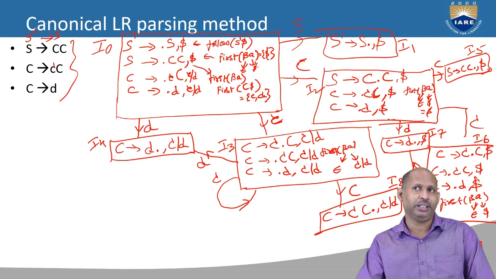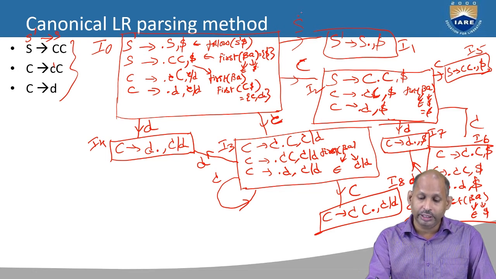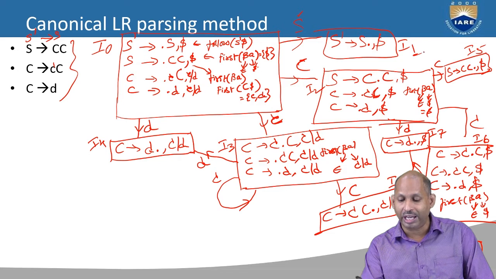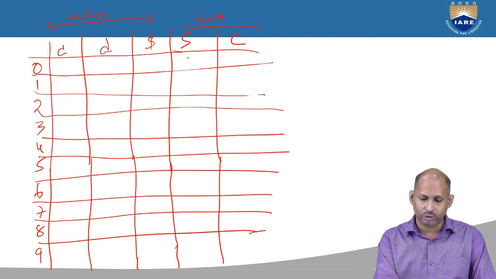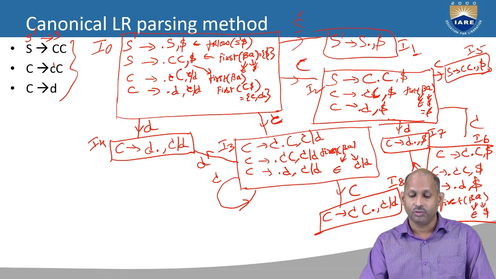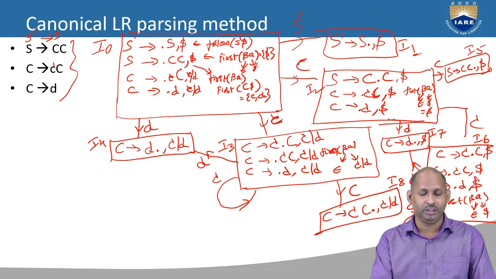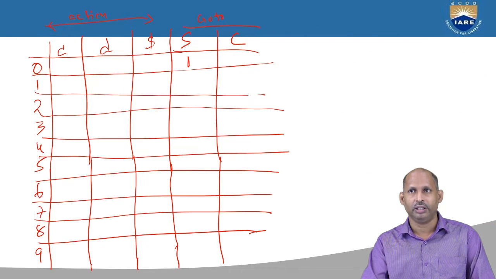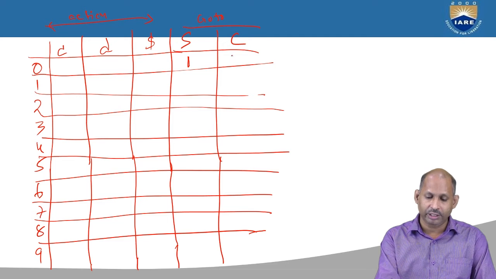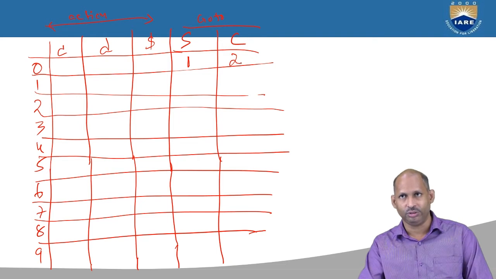How many go to operations? There are 2 go to operations on variables, 2 go to operations on terminals. On S going to I1. Then on variable C going to I2.